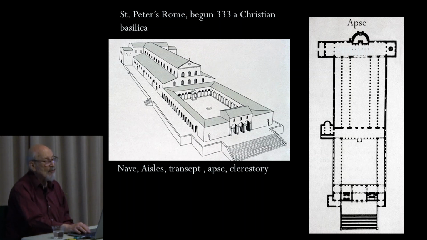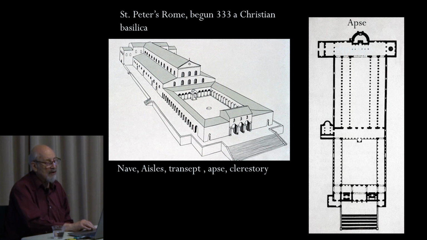In 333, the Church of St. Peter's in Rome was built, entered through a courtyard.